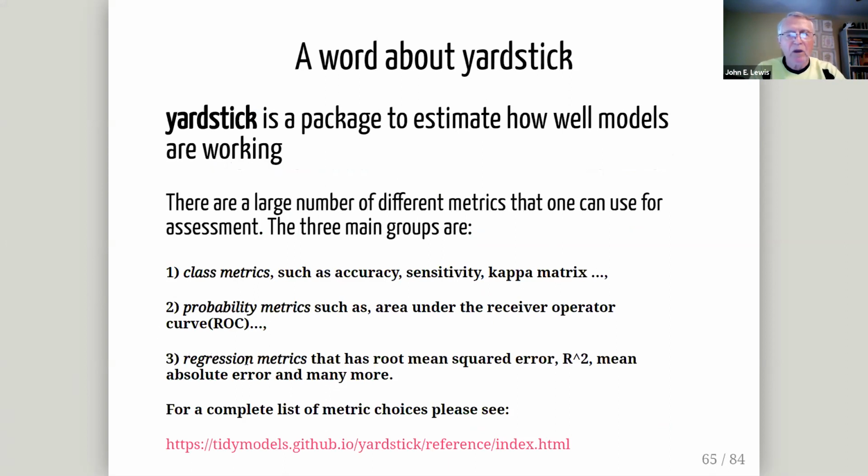The ones that we really are interested in for the problem at hand are the regression metrics. In this case, we can look at root mean squared error, R squared, and mean absolute error, and for our problem, we'll just take the first two here and look at them. Again, you can go and look at a URL to see all of the different choices that you have for the metrics that are available.